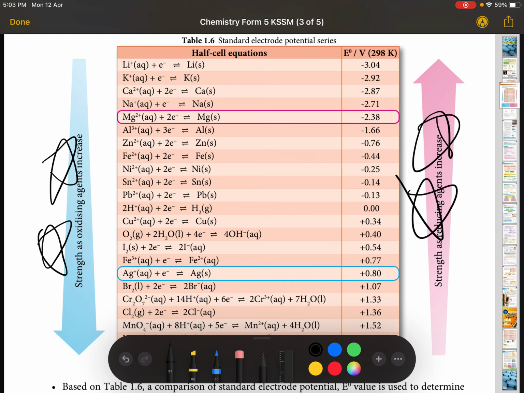Because first of all, sometimes you don't decide which is your anode and which is your cathode. And secondly, the main part is if you have multiple ions going to the anode or going to the cathode, you want to distinguish which one is the chosen electrolyte to be used in electrolysis.